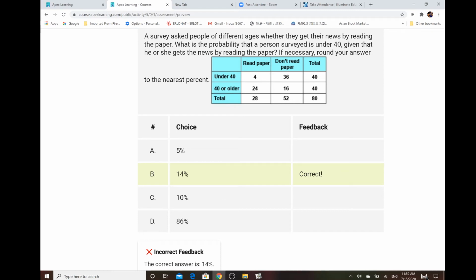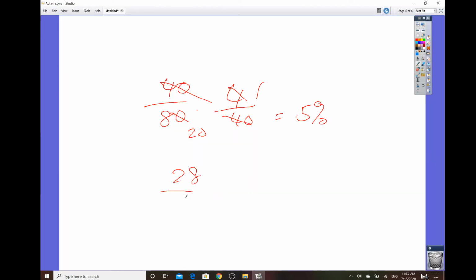Okay, what happens if I try to do it this way? 28 over 80 times 40 over 80. If I try to do it this way, would that be 14%? Let me just put it into the calculator and see what happens. Cross cancel out first. So this one is 1, this one is 2, and this one turns out to be 14. But that would be 14 over 80.